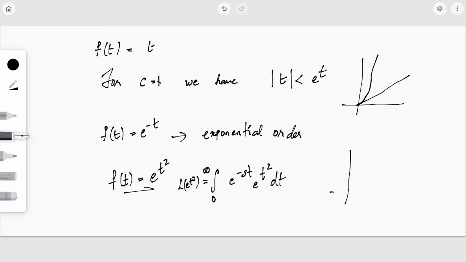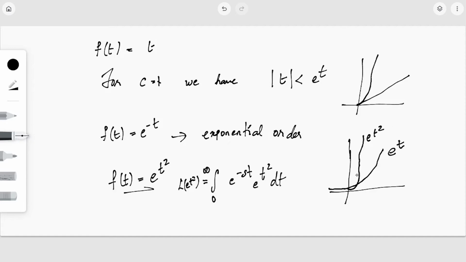So there is a graph. You can see that this will be the graph of e raised to t. Okay, so e raised to minus st must be somewhat in this form only, depending on the value of s, but the value of e raised to t square is something like this. This is e raised to t square.